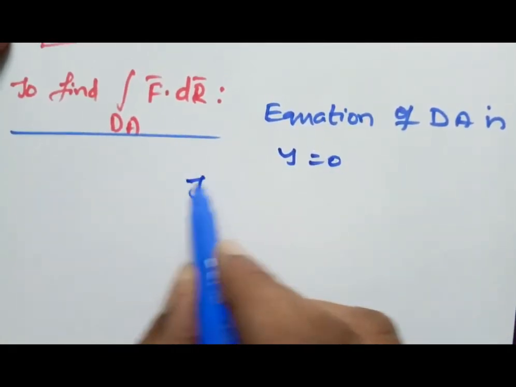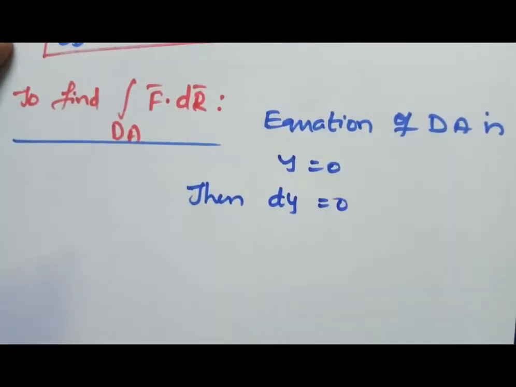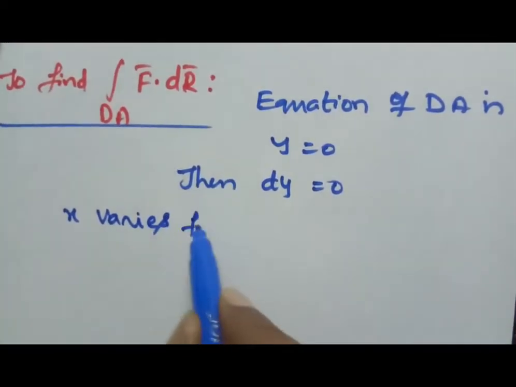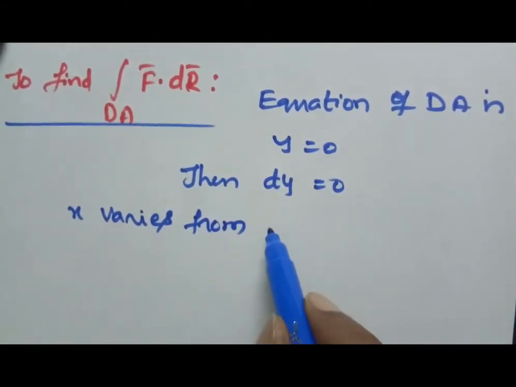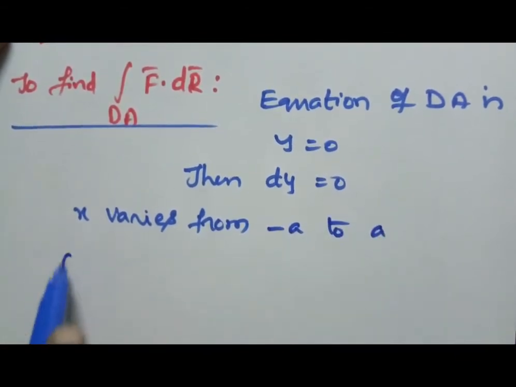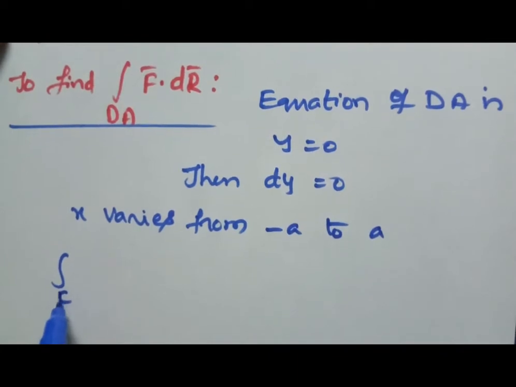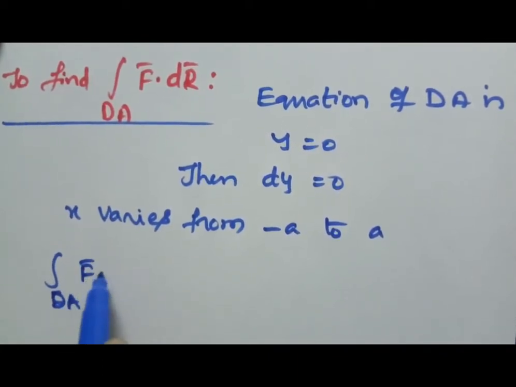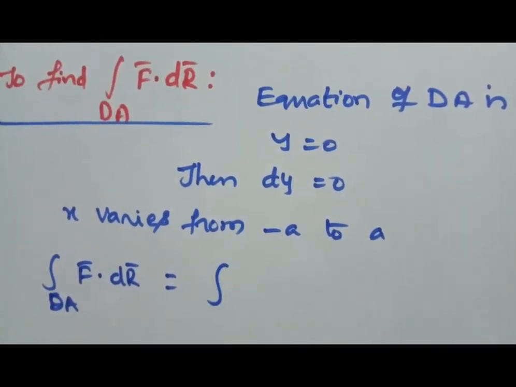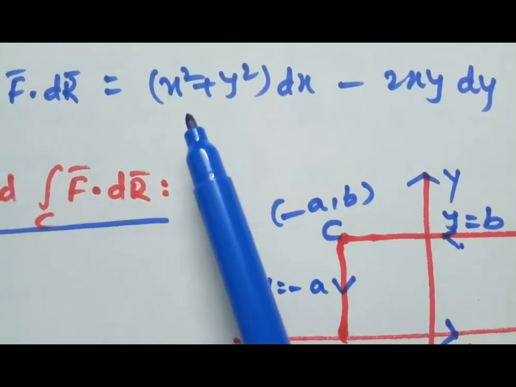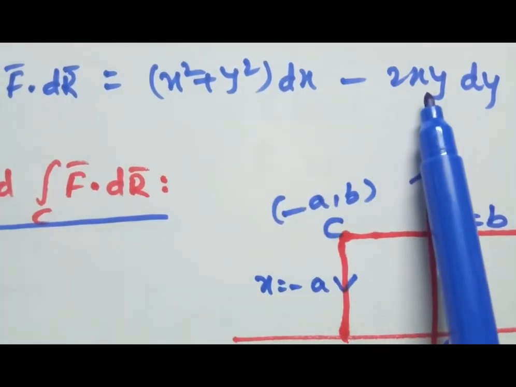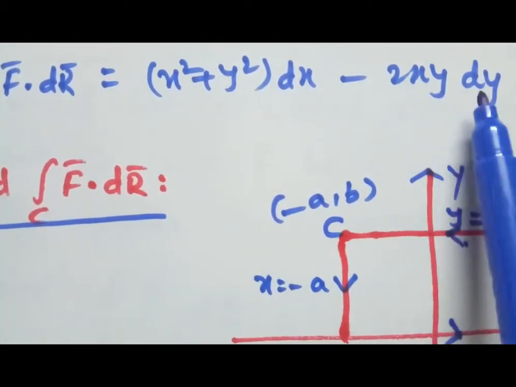Y equal to 0. Then dy equal to 0. X varies from minus a to plus a. Therefore, integral over DA of f bar dot dr bar equal to integral x square, y value 0, into dx. Since y equal to 0, this becomes 0.